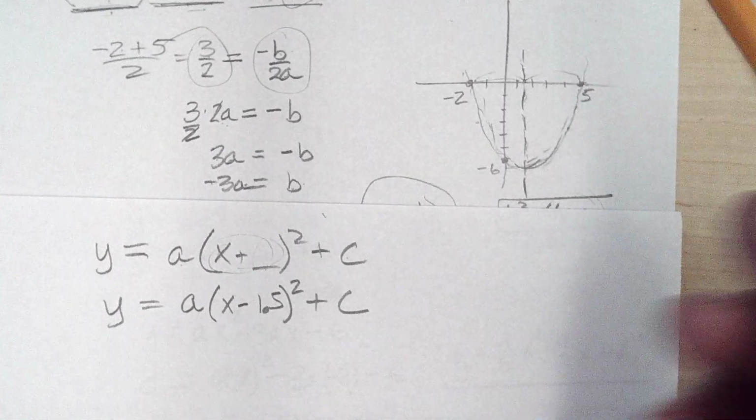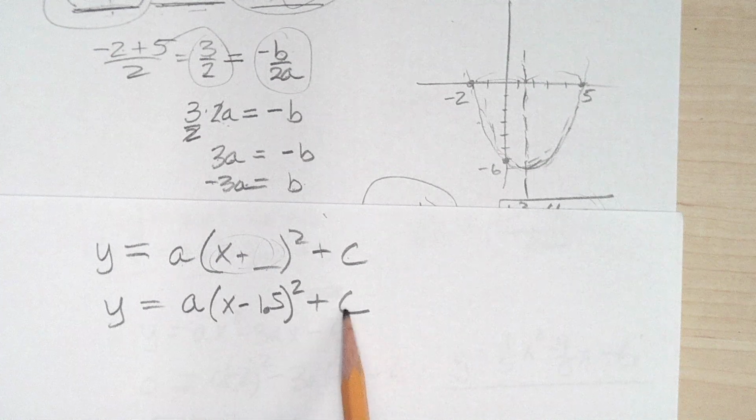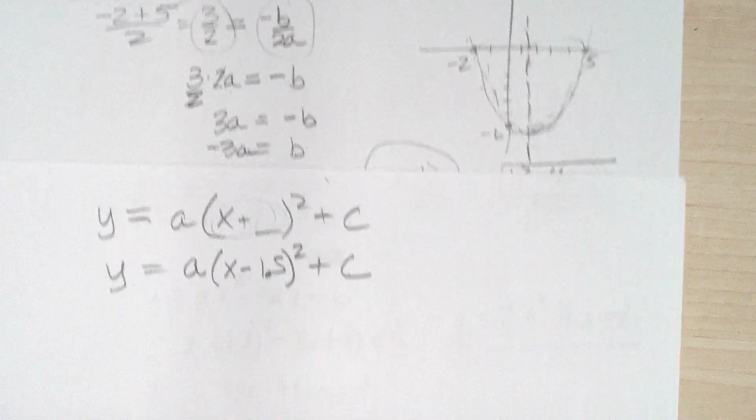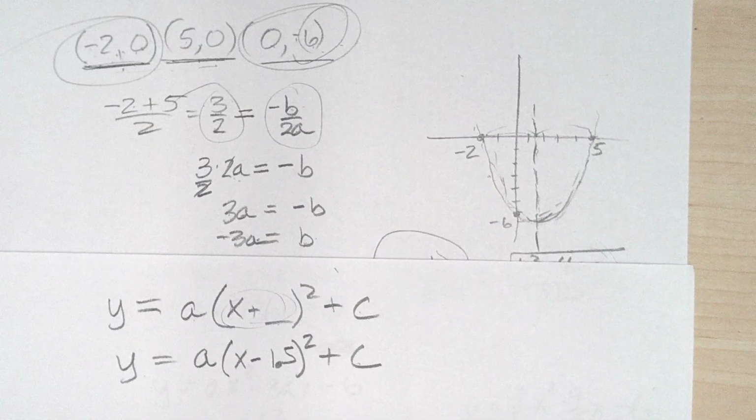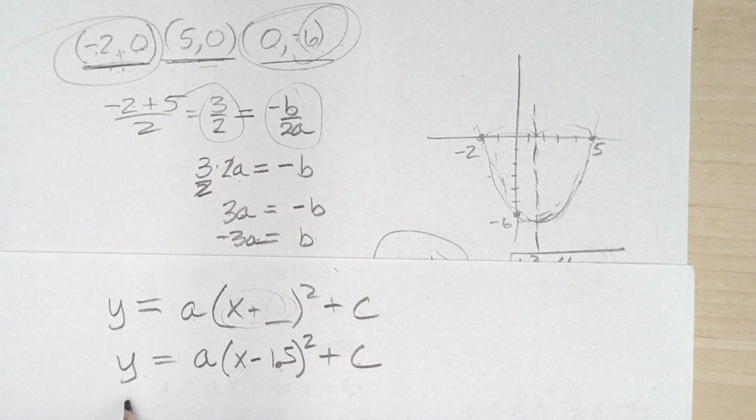And now I can pick one of the x-intercepts and the y-intercept, and I should be able to come up with two equations that I can solve. So let's use this one, put minus 2 in for the x, and the y would come 0.